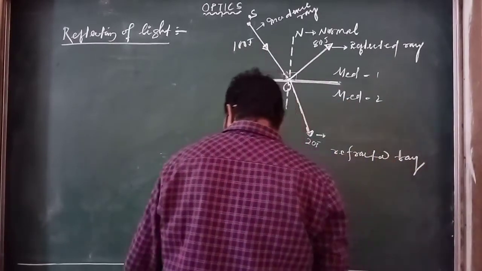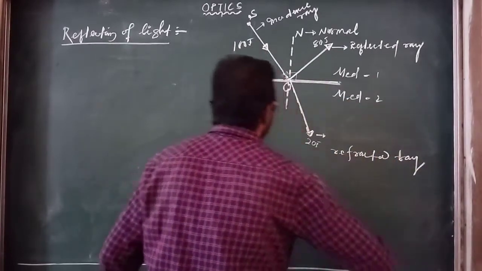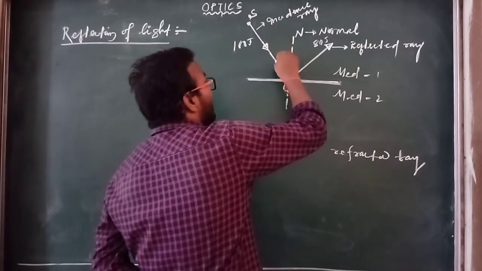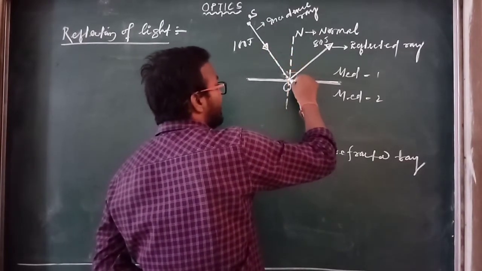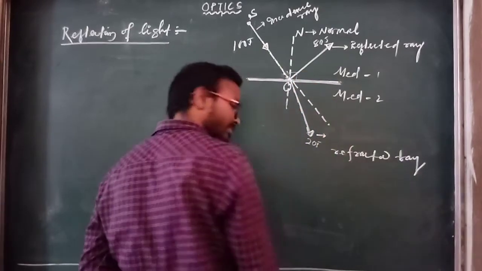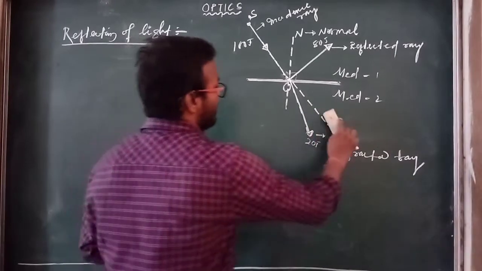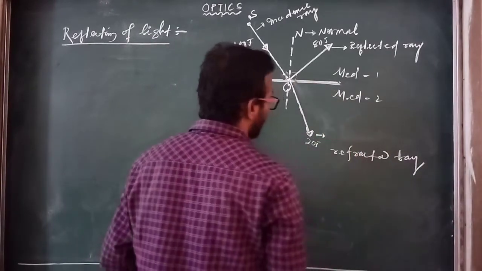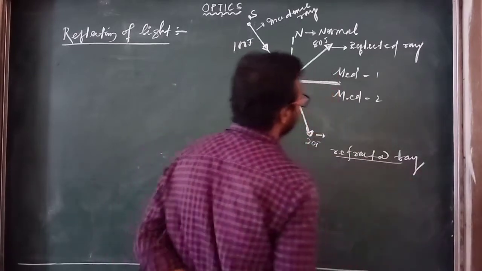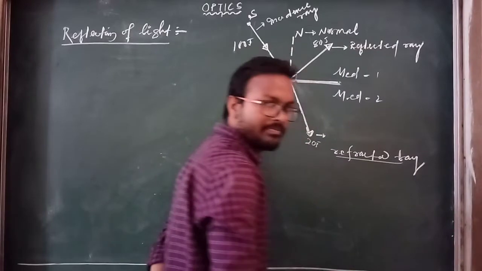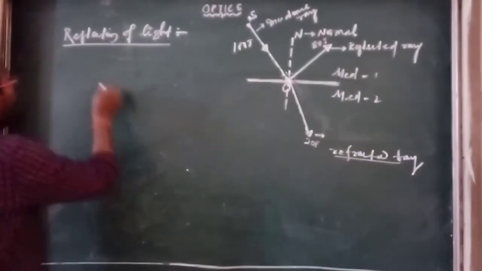If we draw a straight line along the incident ray, then the light passes in this direction. We will come to that part after some time. So this is the refracted ray, this is the incident ray, and this is the reflected ray. So what is reflection of light?